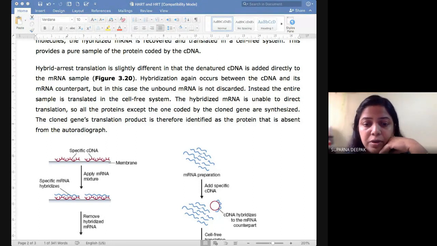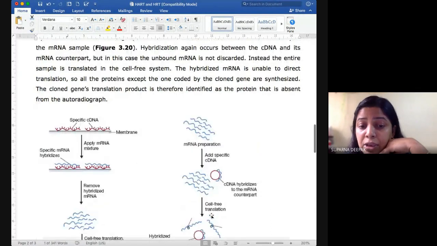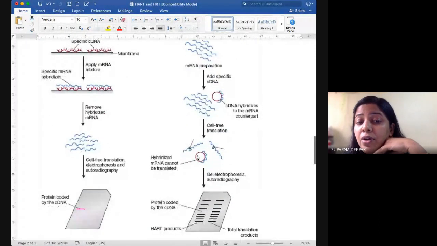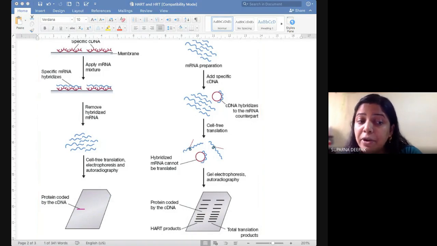Unhybridized. Very good. Yes, only the unhybridized single stranded mRNAs will undergo translation and produce your proteins.